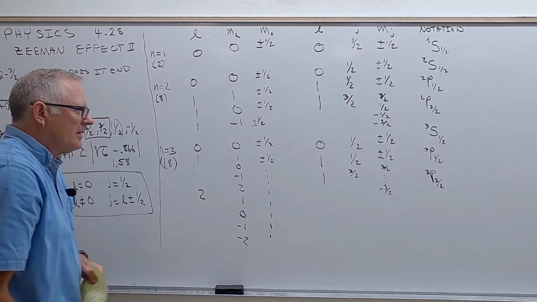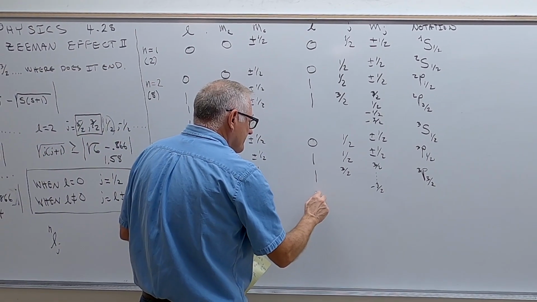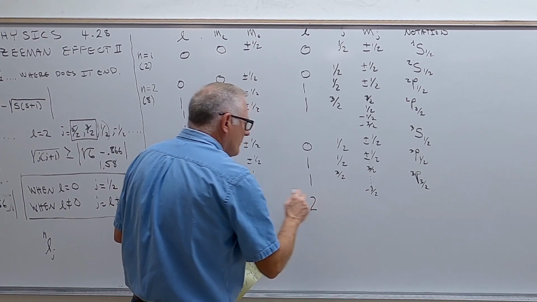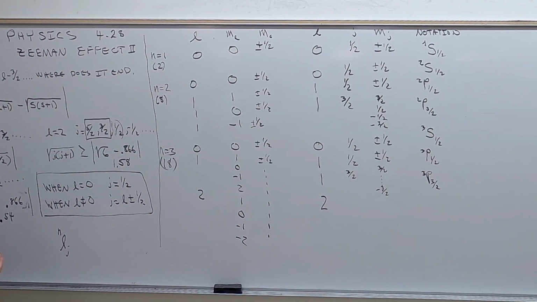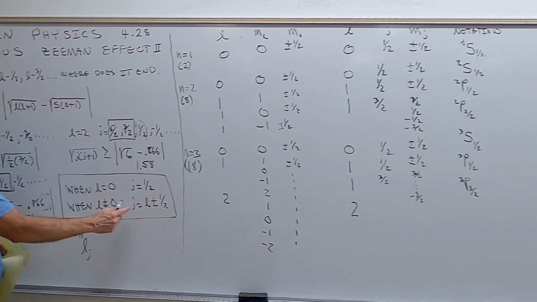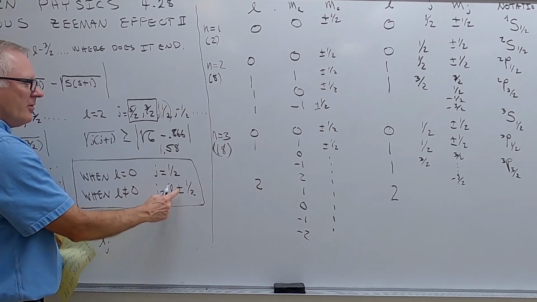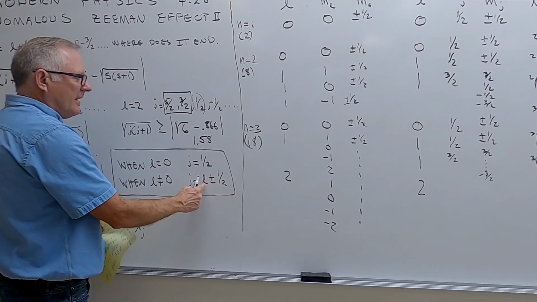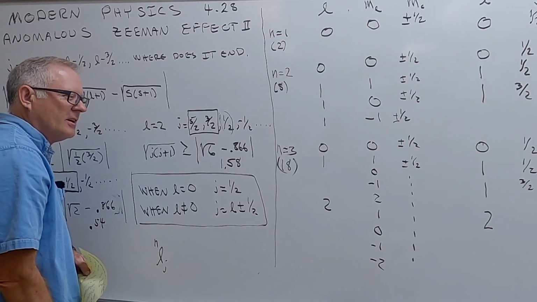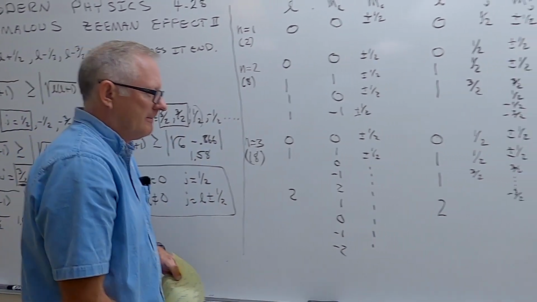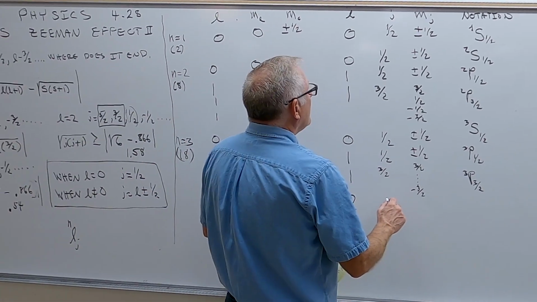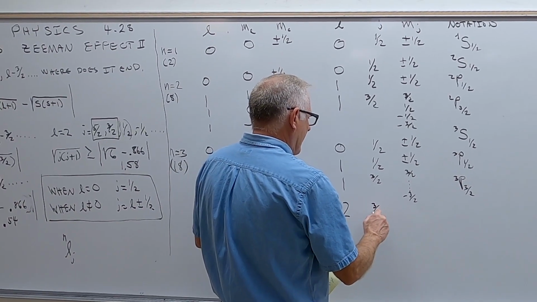Then L can be 2. If L is 2, J can be, let's do the minus first, 2 minus a half, which is 3 halves. So J can be 3 halves.